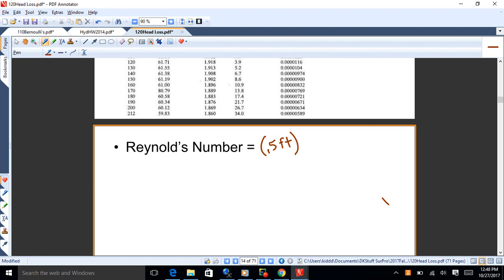So what we can do is go to that head loss chart on page 108 and have a look at 6-inch pipe and 600 gallons per minute, and it looks like the velocity is 6.81 feet per second. So that saves an awful lot of work to have that chart in a situation like that.